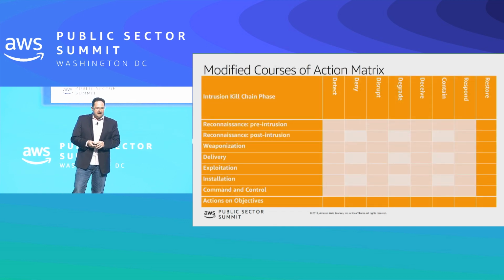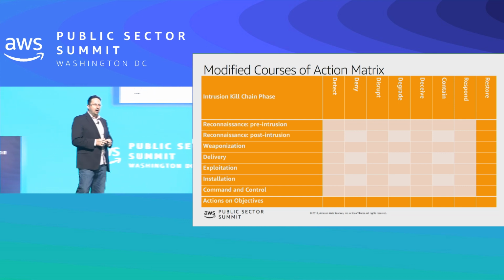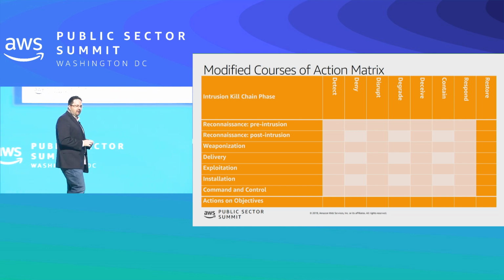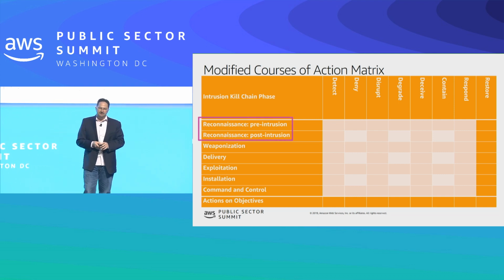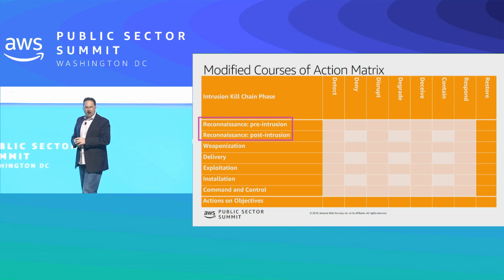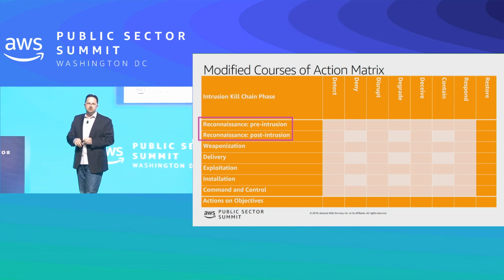Okay? So what I did is build a kill chain strategy, if you will, for a cloud environment. To do that, I changed the courses of action matrix in a couple of ways. Reconnaissance, I broke into 2 different phases, pre-intrusion and post-intrusion.